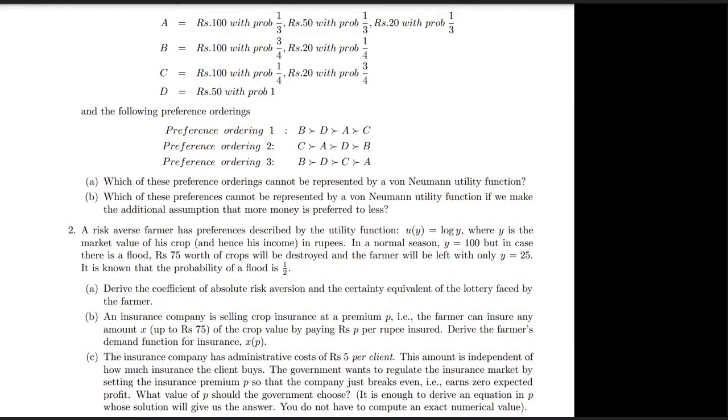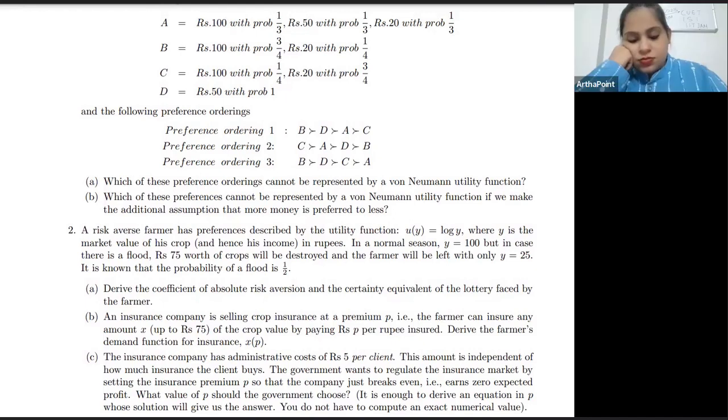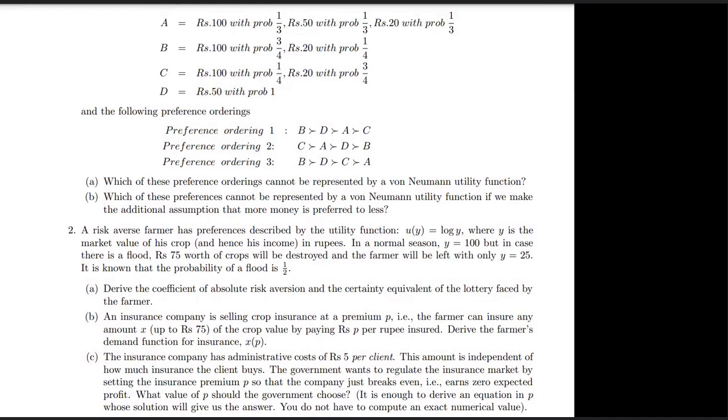I first found the expected utility when the farmer is taking the insurance. I got a long expression: ln(100 minus px) into (25 plus x minus px) divided by 2.